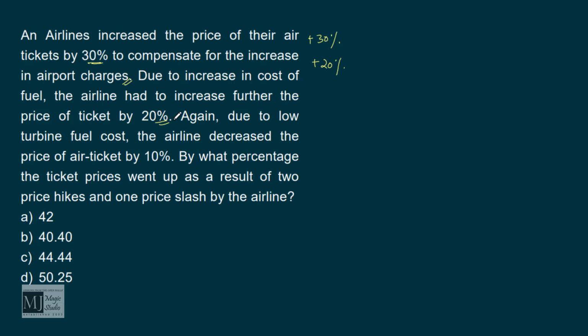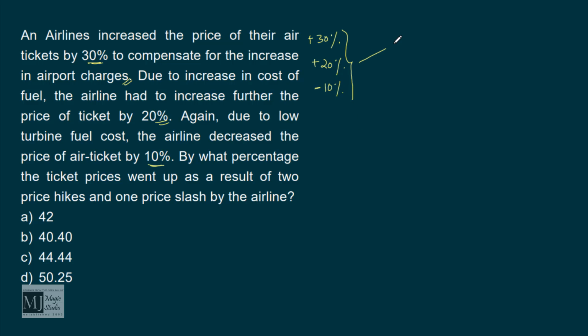Again, due to low turbine fuel cost, the airline decreased the price of air tickets by 10%. Oh, what a relief, isn't it? So we have 3 price changes. By what percentage did the ticket price go up as a result of 2 price hikes and 1 price slash by the airline?